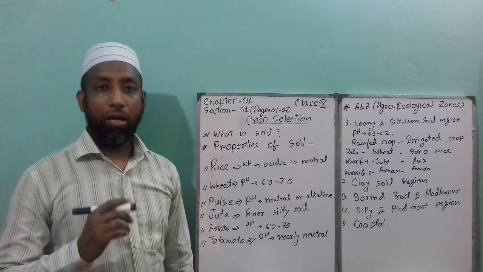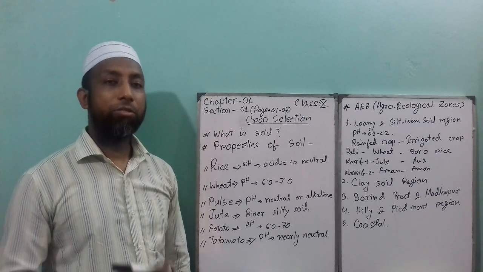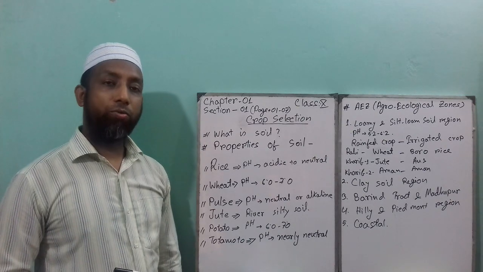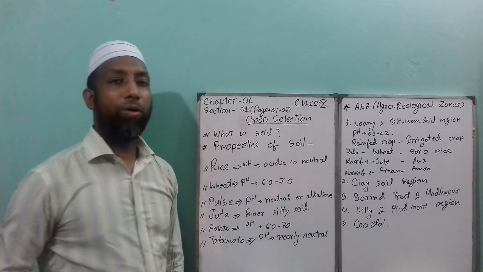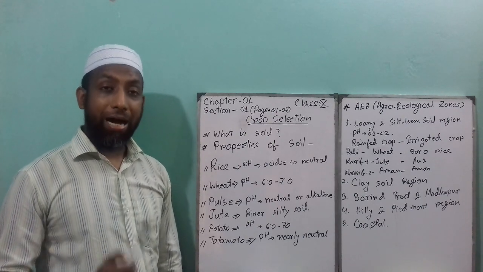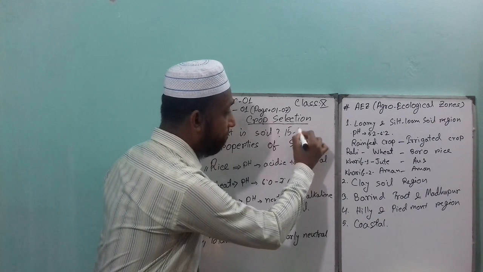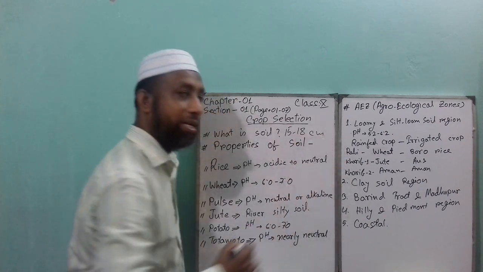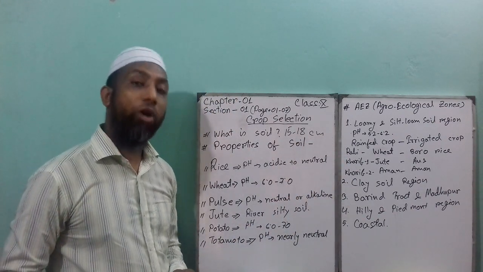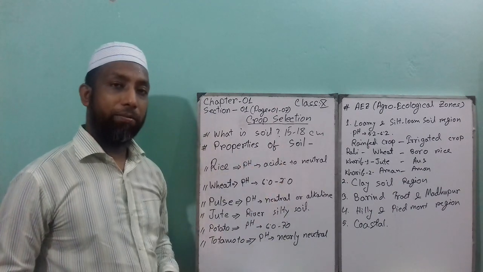Different crops can be cultivated in different types of soil. So what would be the definition of soil? According to the farmer's knowledge, from the earth surface, 15 to 18 centimeters is called soil. So we understand the definition of soil.